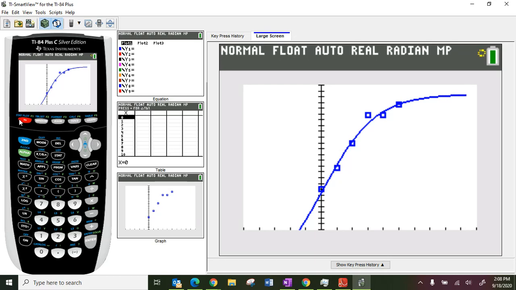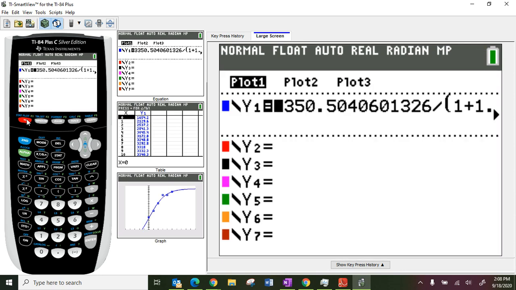That's what it looks like. But when we hit the y equals, the equation is there. When we did the vars, y vars, and then function, and then y1, it automatically puts it in. We don't have to type anything in, and it puts in exactly the whole entire thing. That's why you get a nice picture like that.